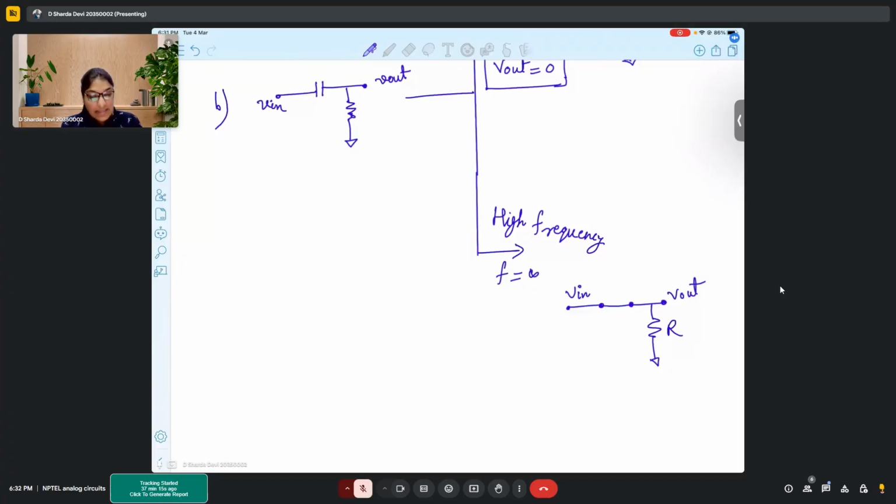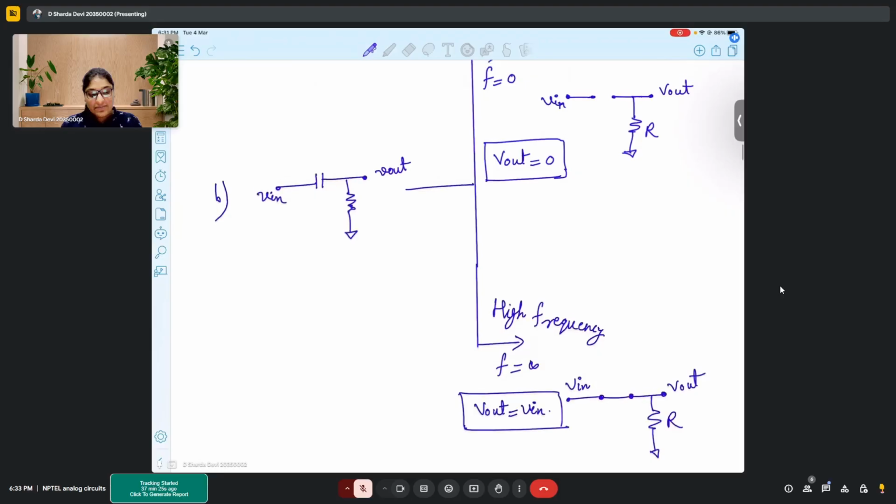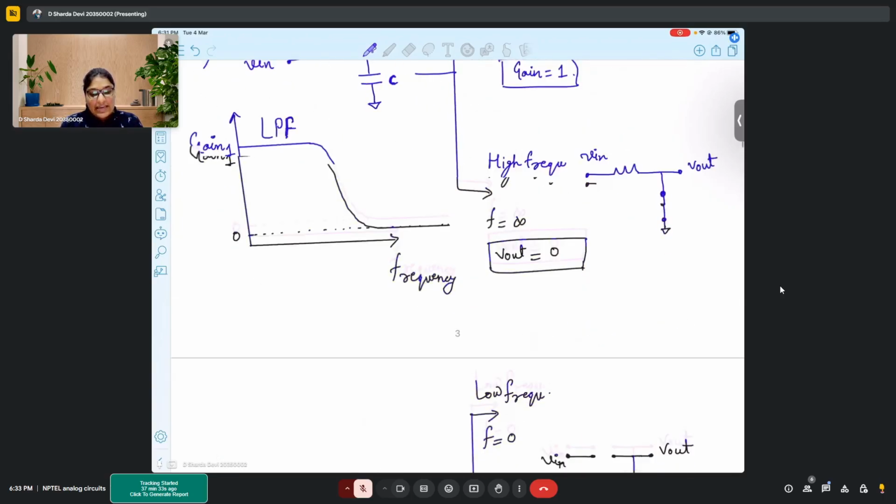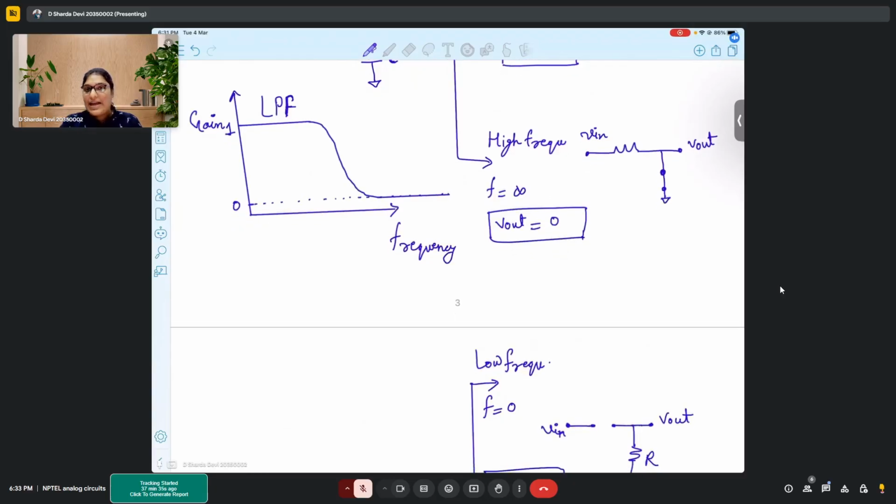Because of this short circuit path, my output voltage becomes equal to input voltage, right? Now, from the behavior itself, you can observe that the behaviors have just turned opposite to each other from the previous case. So in the previous case, for lower frequencies, we had gain of 1, and for higher frequencies, the gain becomes 0, or the output basically becomes 0.